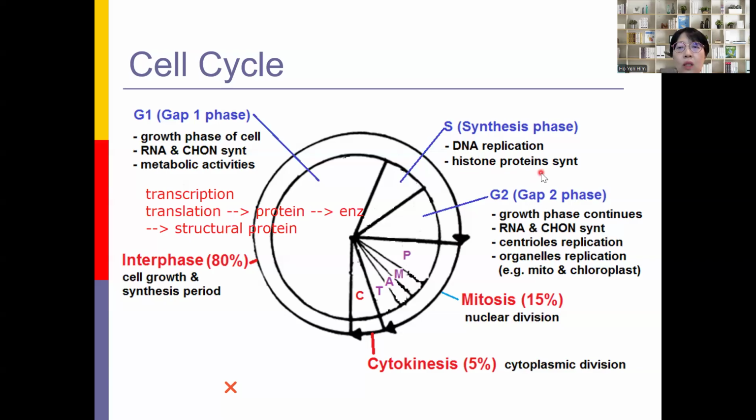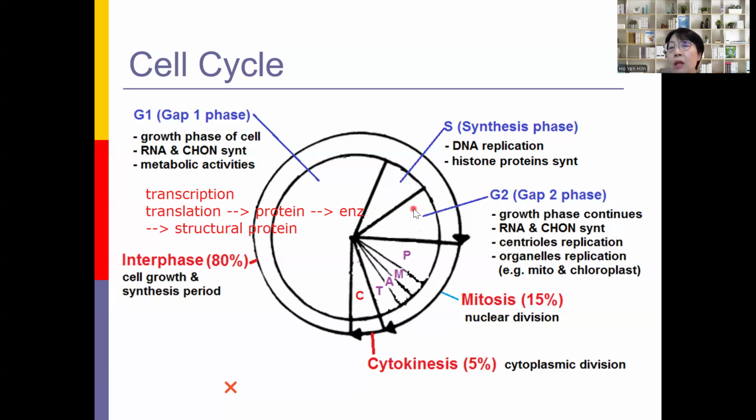Histone protein is also synthesized here. So then G2 phase is where the growth phase continues. So the RNA and protein synthesis continue. Then this is where some organelles will replicate. The centrioles replicate here. The organelles like mitochondria, chloroplast will replicate here, to prepare the cell for the second mitotic division if there is.